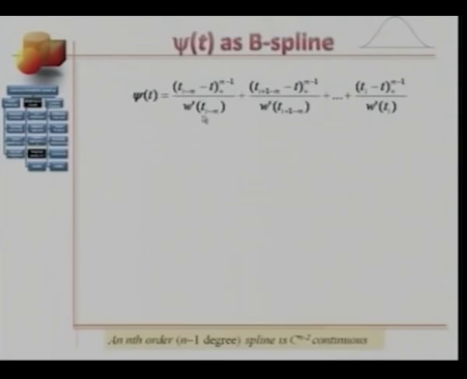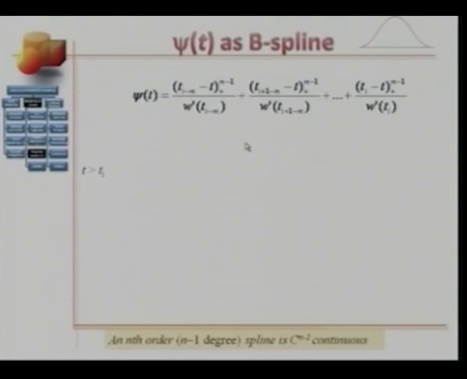We delved into this expression further, and we showed that psi of t is 0 for values of t greater than t_i and for values of t smaller than t_(i minus m). So this knot on the right is t_i, and this knot on the left is t_(i minus m).